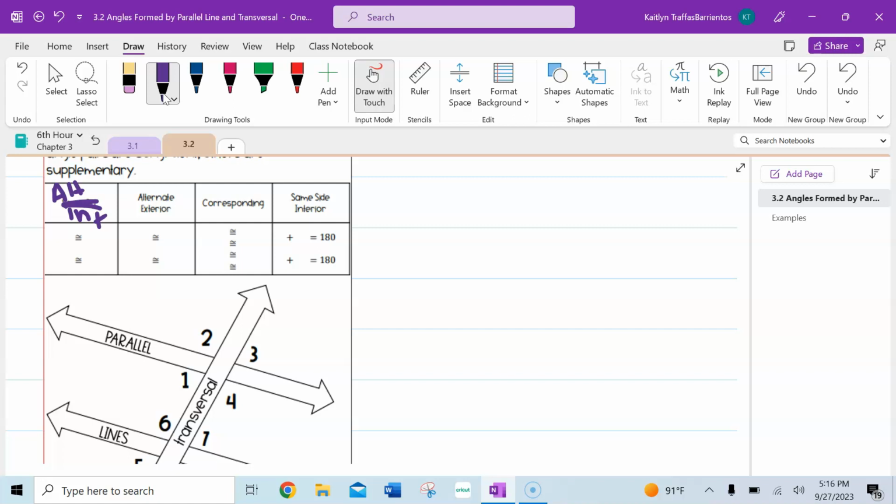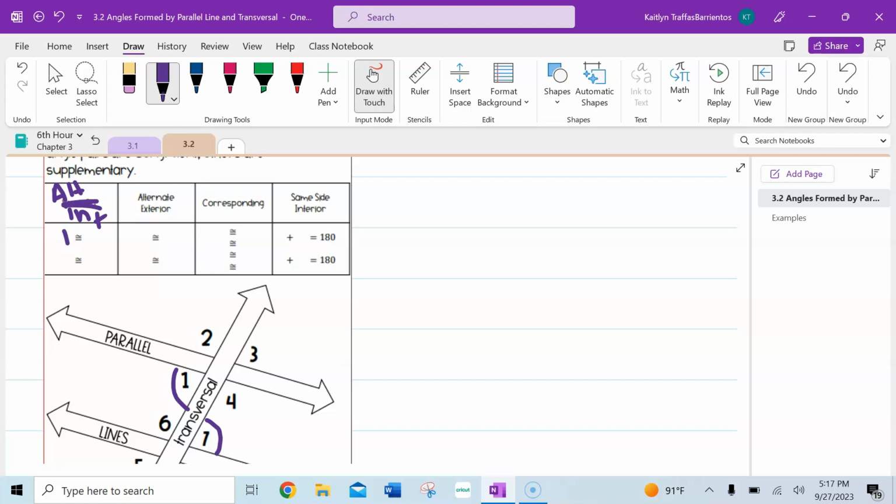As a reminder, the alternate interior angles are the angles on alternate sides of the transversal. You have to remember to take one angle from one intersection and the other angle from the different intersection. For example, angle 1 is an interior angle. To find its alternate interior pair, I need to hop across the transversal and go to the other intersection, but stay on the interior.